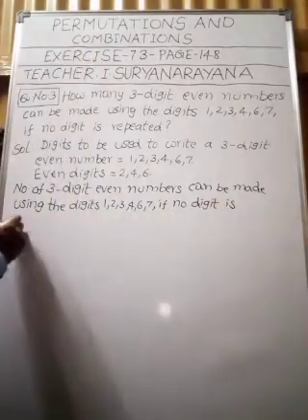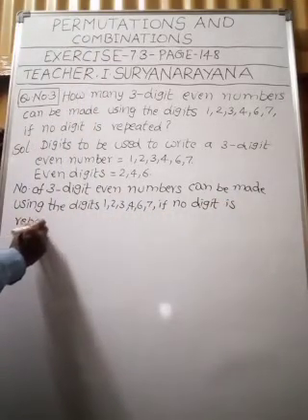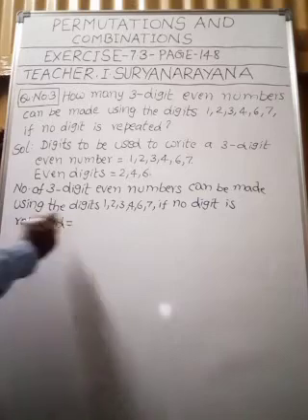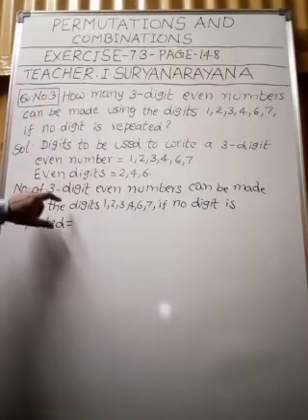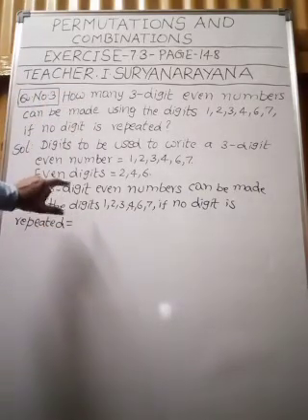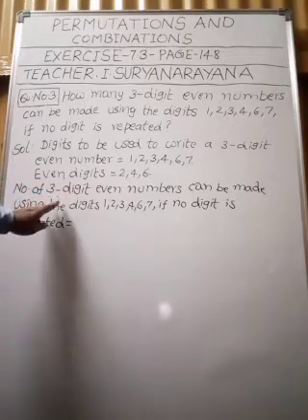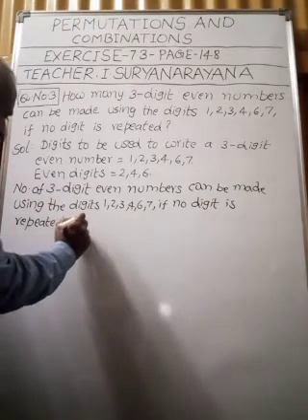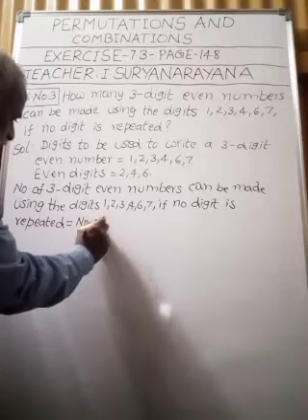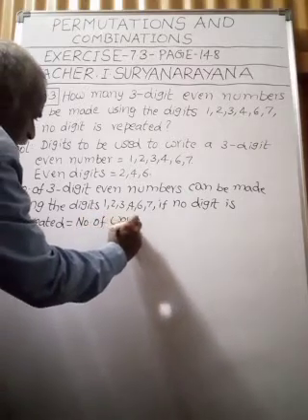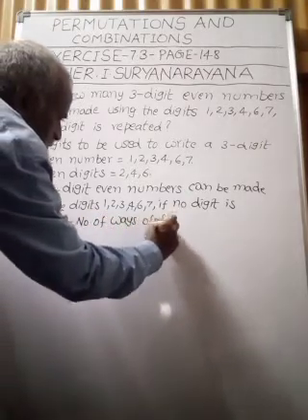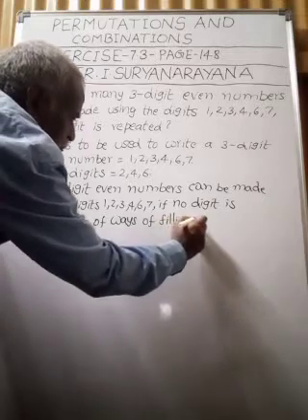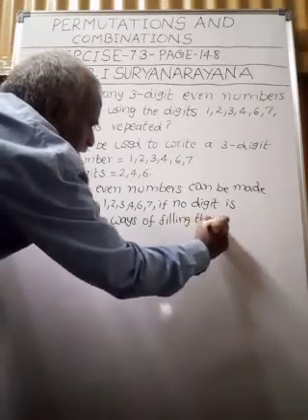Is equal to, I wrote the same question. What is the sentence given in the question? I wrote the same sentence here. Is equal to number of ways of filling the 3 blanks.